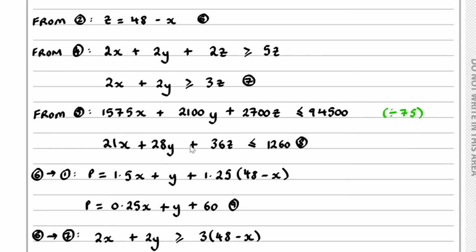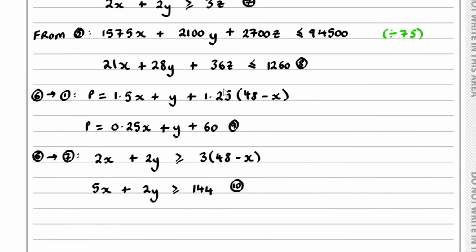Now, if I substitute equation 6 into equation 8, I've got 21x plus 28y plus 36z. Now z is 48 minus x.